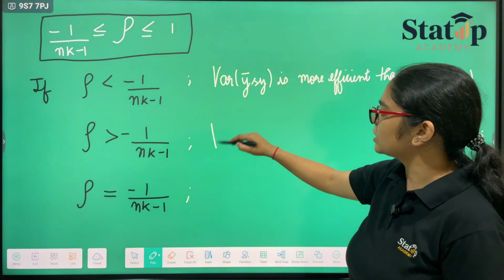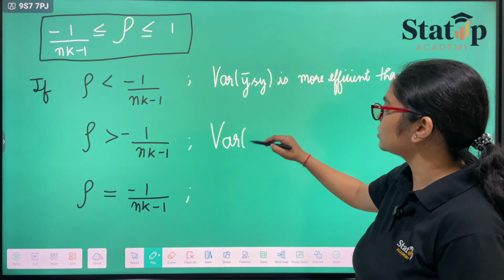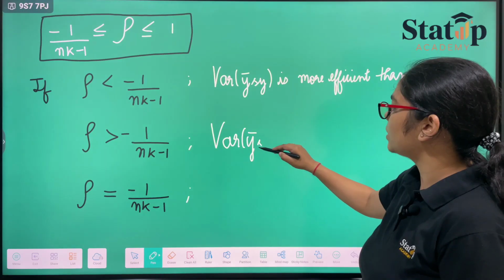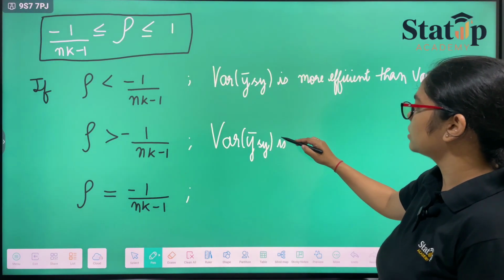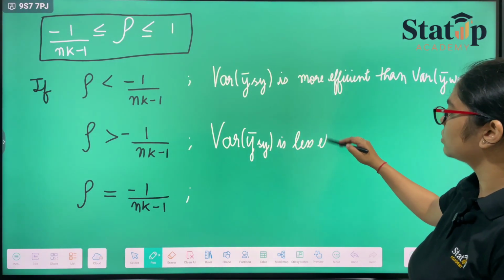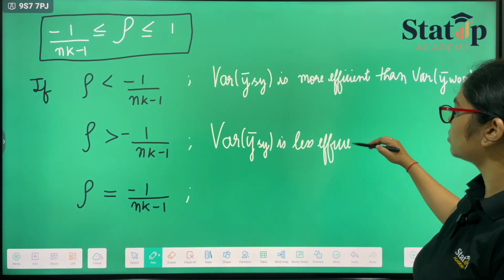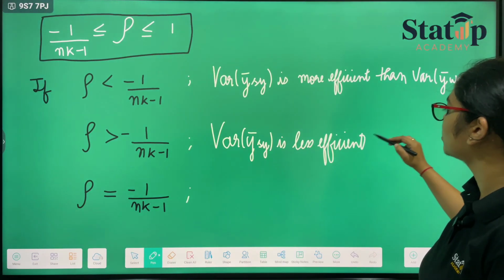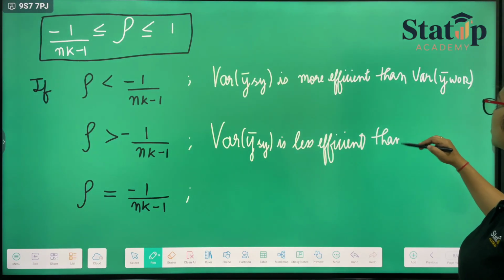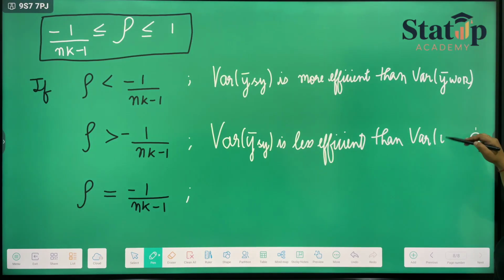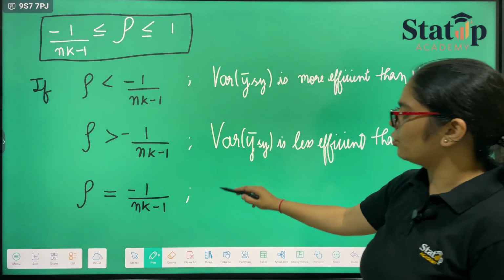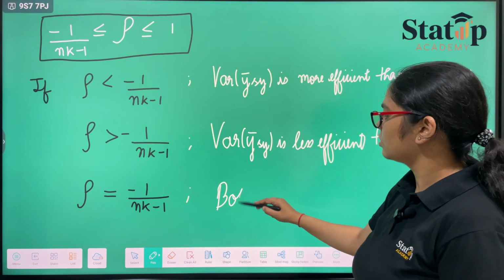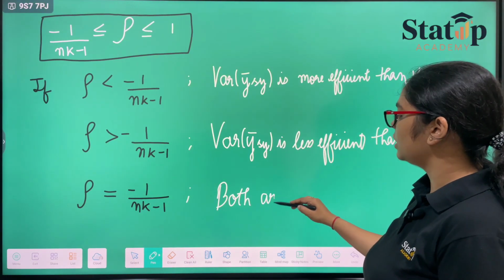If rho is greater than this, then variance of Y bar systematic is less efficient than variance of Y bar without replacement. And here both are equally efficient.